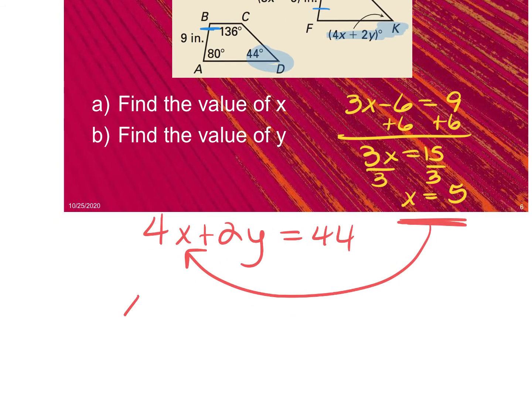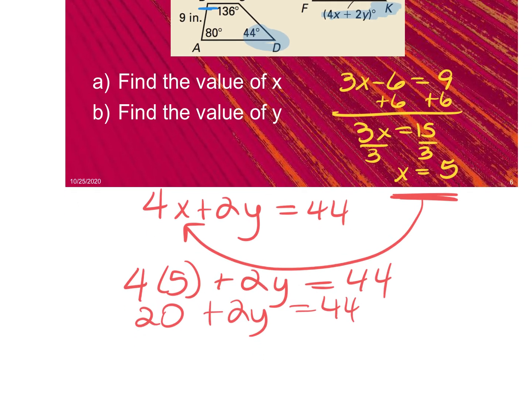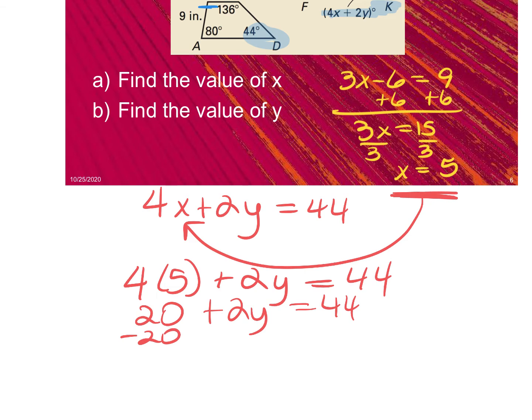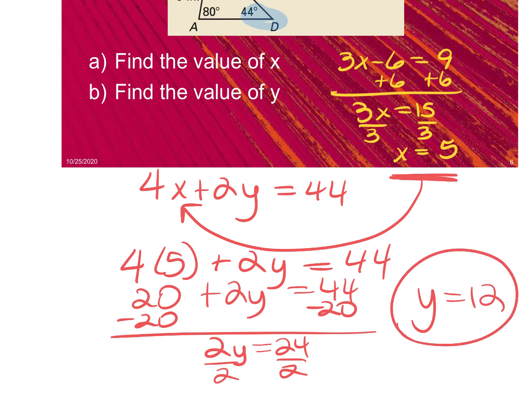So now I'm going to do 4 times 5 plus 2y equals 44. I'm going to multiply. I'm going to subtract. 2y equals 24. Divide by 2. And y equals 12. So my two answers are 12 and 5.